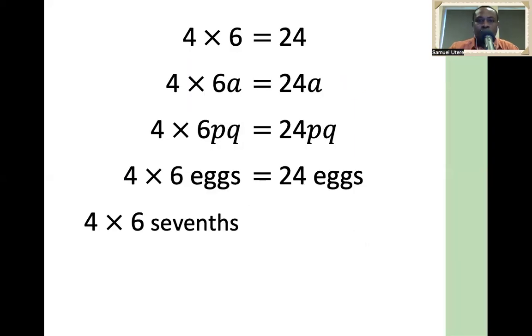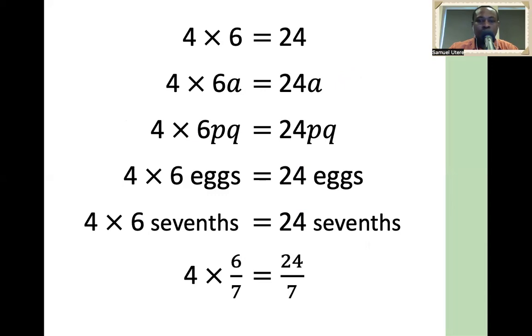What about 4 times 6 sevenths? If we follow the same pattern, it's going to be 24 sevenths. Now, what this means is 4 times 6 sevenths will be 24/7.